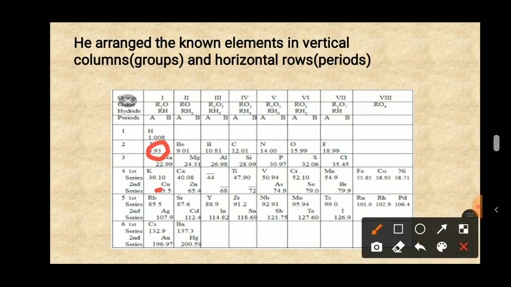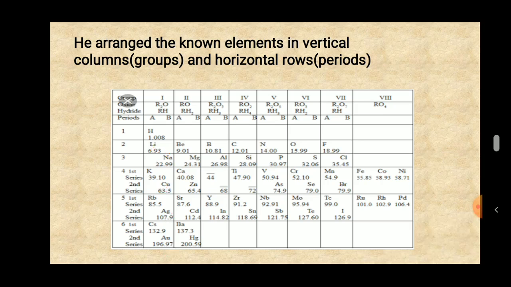Now in subgroup A, under group number 1, copper is also placed, and silver is also placed. Aurum is also placed. These have dissimilar properties. The properties of lithium, sodium, potassium are entirely different from the properties of copper, silver, aurum. But still he grouped them under the same group number 1. So this is one failure of his periodic table.